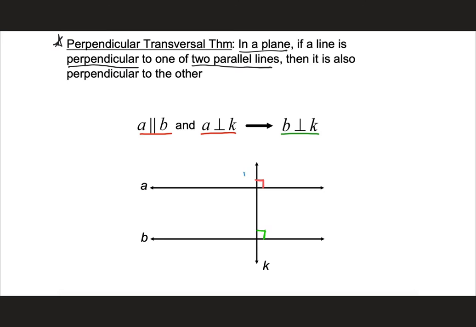So if I have angle 1, 2, 3, 4, 5, 6, 7, and 8. Okay? Here are my angles. Now, I already know that the measure of angle 2 is equal to the measure of angle 6. Why? Because of the corresponding angles postulate. Actually, this postulate says congruent, so let's be accurate. There, they are congruent.